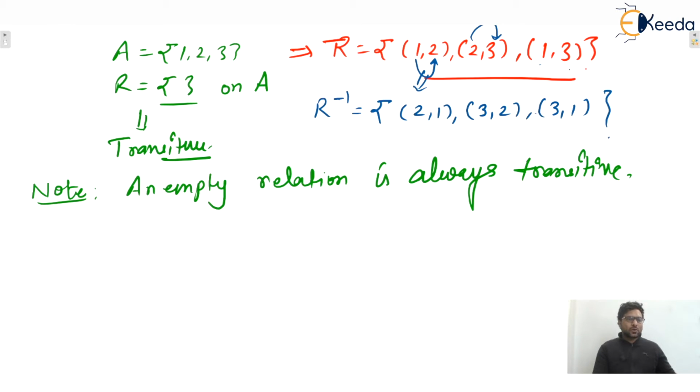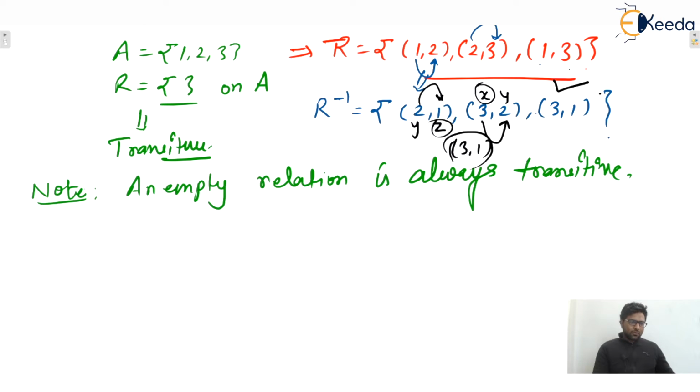Yes, this one is also transitive. Why? Because here you can see 3 is related with 2 and 2 is related with 1; this is x, this is y, this is z. Then x, z must be present, that is 3 comma 1. Yes, that is present. So if R is transitive, then R inverse will also be transitive, and in the reverse manner also, if R inverse is transitive, then R will also be transitive.